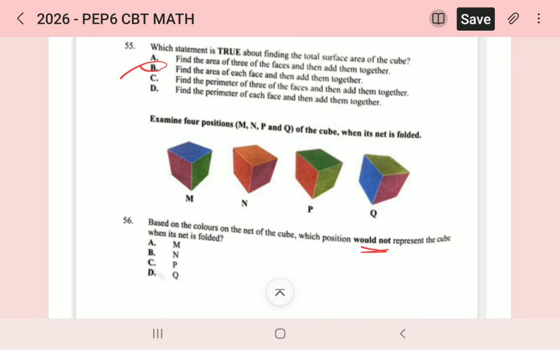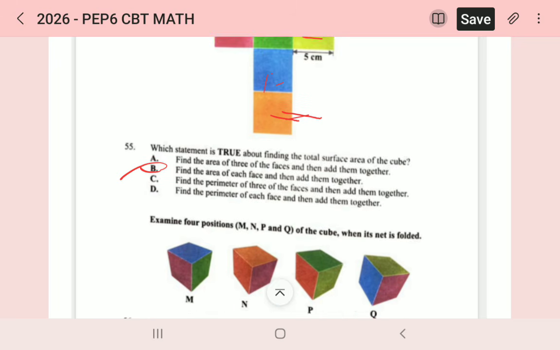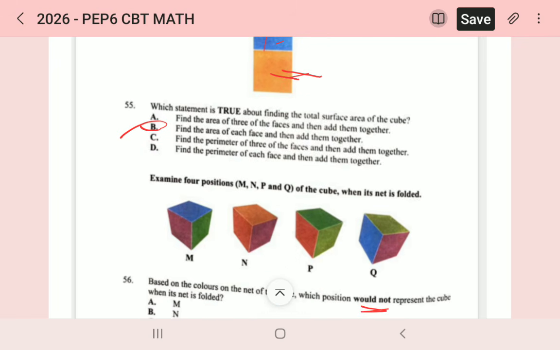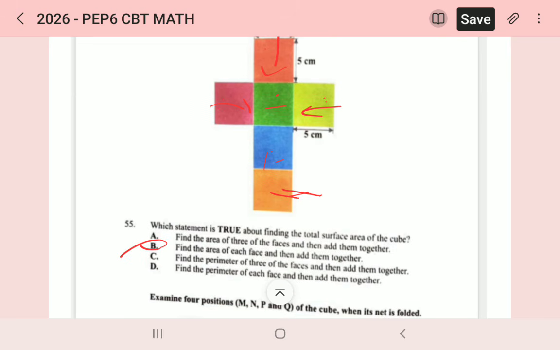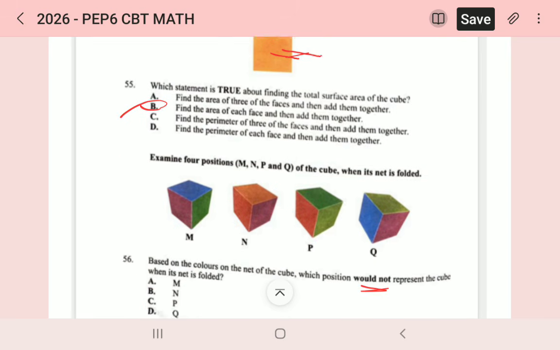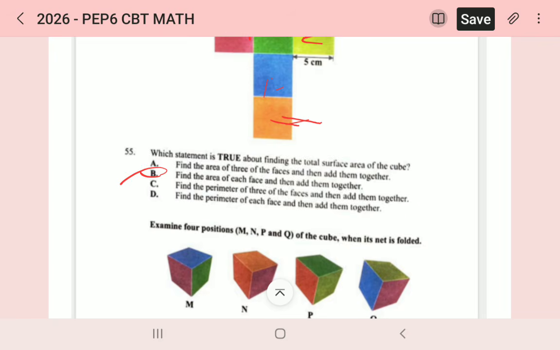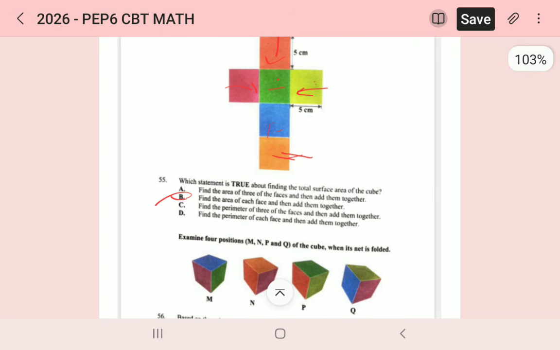Guys, honestly, this one is calling for some deep mental folding. You have to fold this net mentally. Not going to deliberate too long on this. Let's look at them and see which is the best pick for us, and then we'll fold it when we're off.